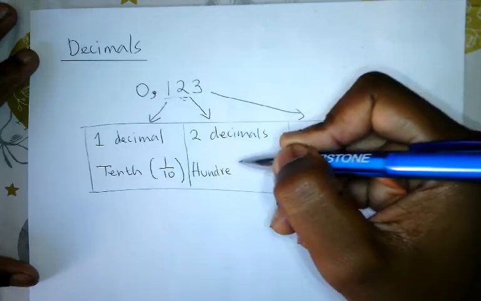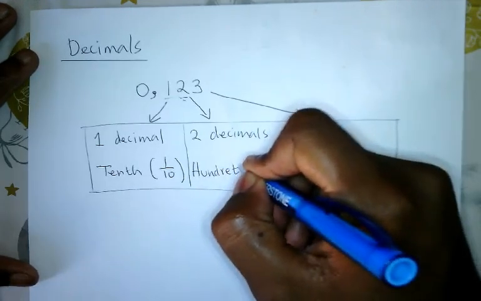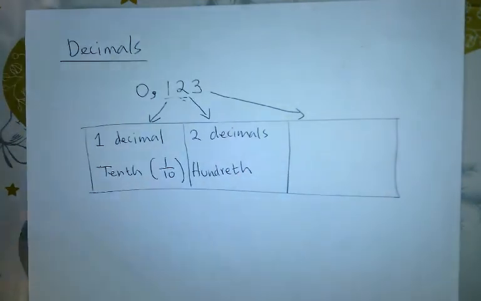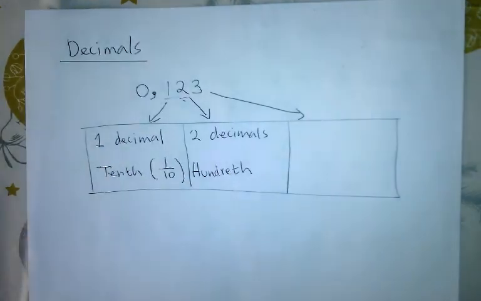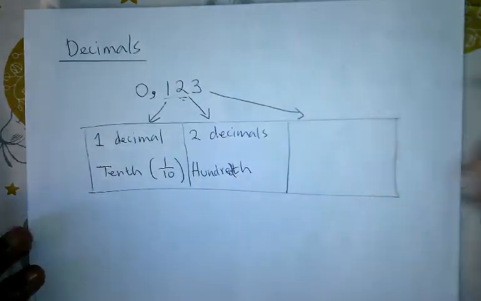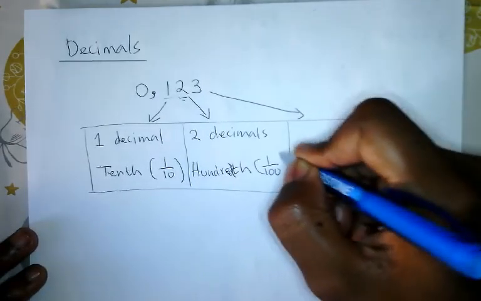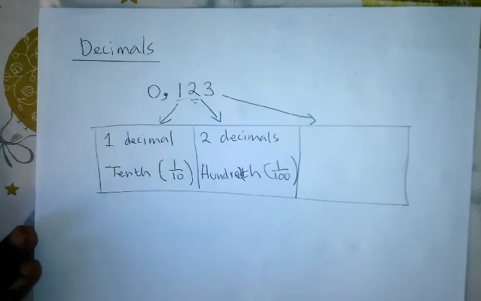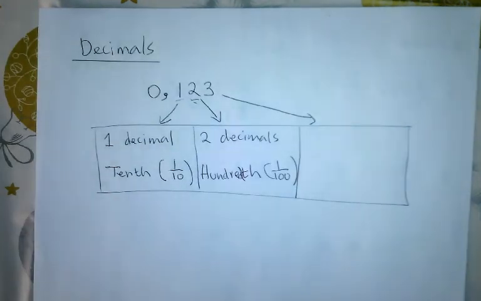I'm missing a D there. 100th. 1 over 100. Are we all clear? So it's 1 over 100. So after the comma, it's tenths, hundredths, thousandths. Before the comma, it's units, tens, hundreds. Are we all clear? And then the last one, how many decimals are there?